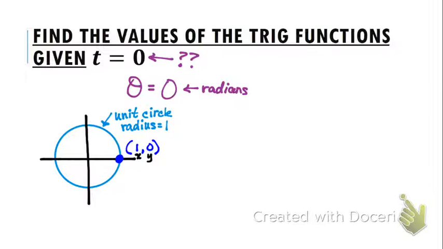Sine would be what? Sine would be 0. What is cosine? 1. What is tangent? Remember, sine is y, cosine is x, tangent is what?